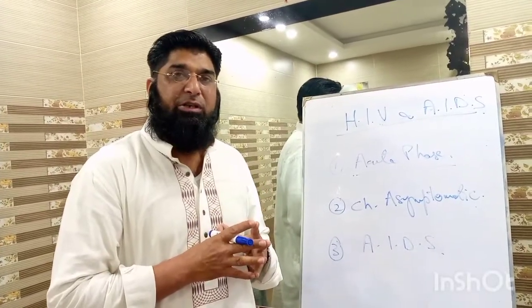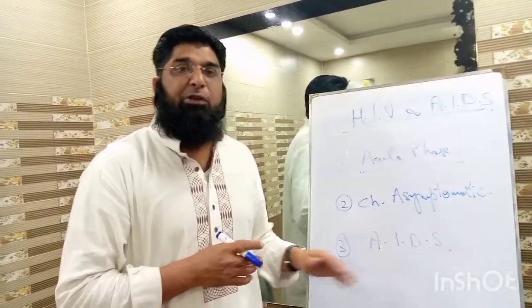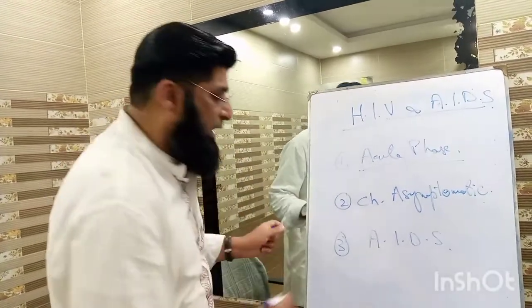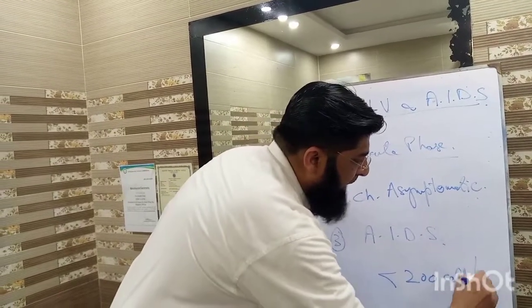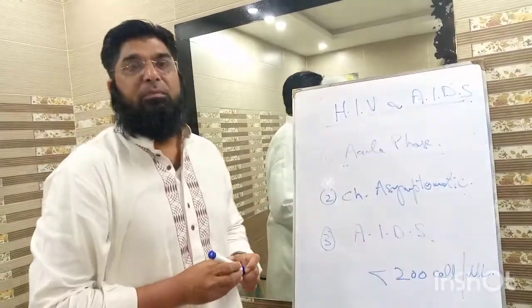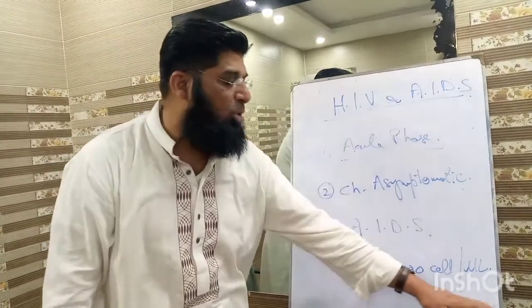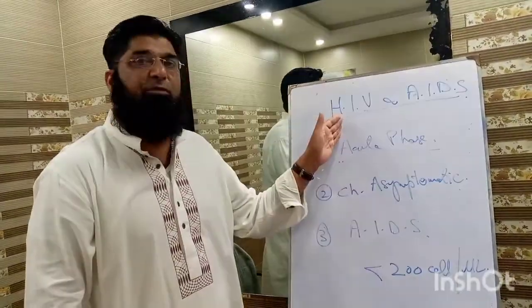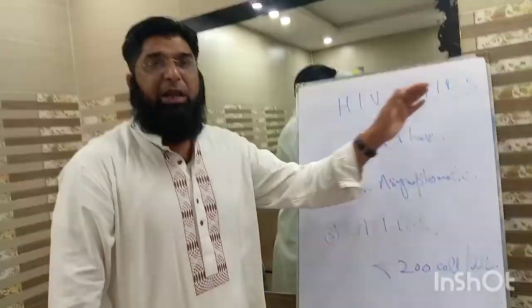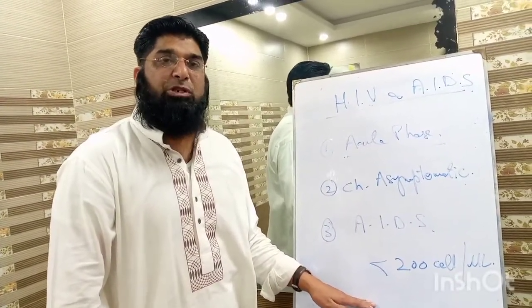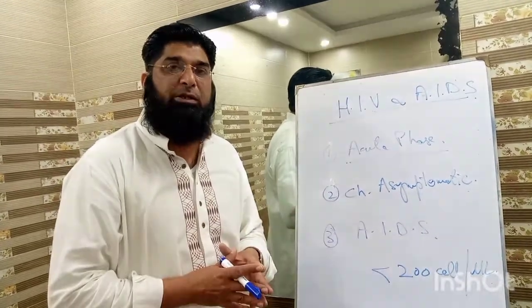There comes a stage when the CD4 helper T cell count becomes less than 200 cells per microliter of blood. And this is the most terminal stage of HIV virus infection, which actually converts into AIDS. Because of this decreased CD4 T lymphocyte count, the immune system of the host is totally compromised.